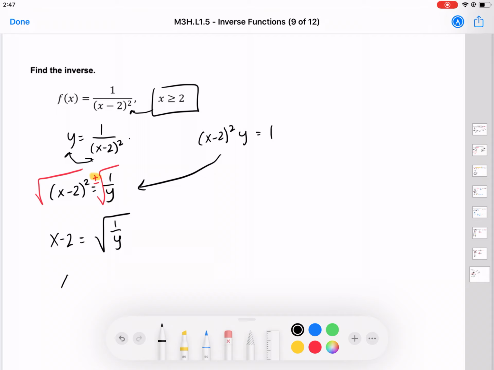I can add 2, and I can say x is equal to positive square root of 1 over y plus 2. Which really, they usually like the 2 to be in front. The reason for that being so people know that the 2 is not under the square root. And we're not going to rationalize this. That's totally fine. We're just going to leave it as is. There you go.